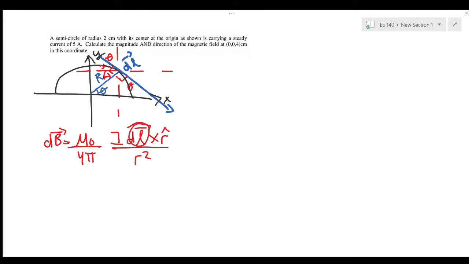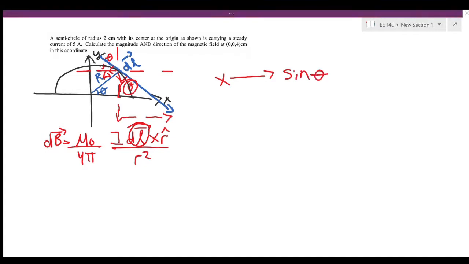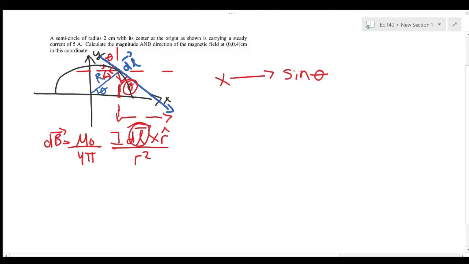And dl is a vector, so it has x and y components. Just looking at this theta right here, the x component would be sine theta, because when we look at the x right here, I'm going to use another color just to show you, this is our x. This is our hypotenuse. This is our adjacent side. This is the opposite side.